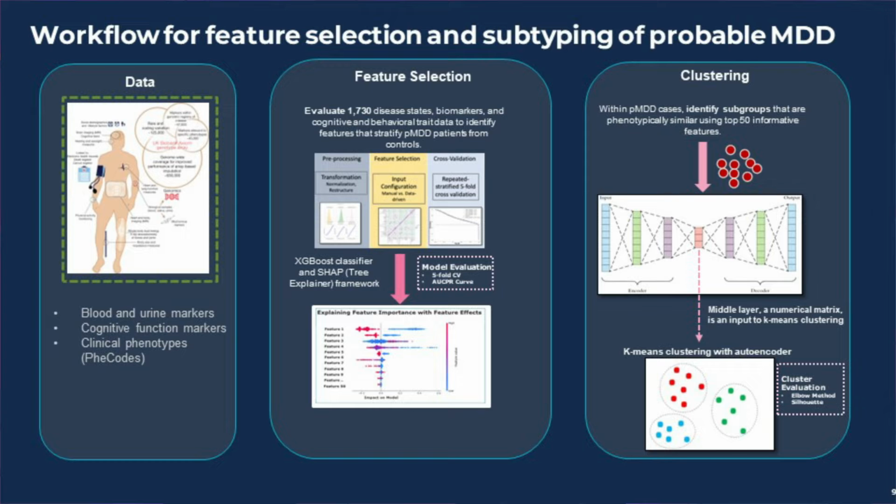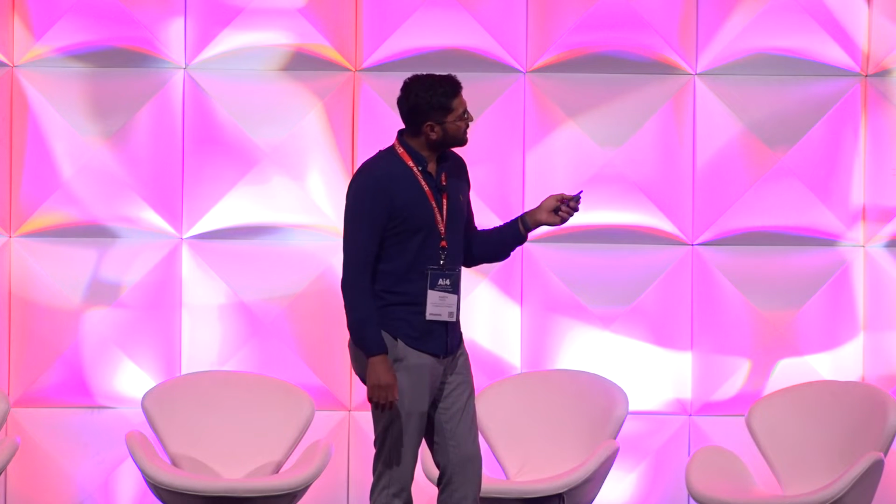These are the cognitive function measures that have been taken on individuals so that we know their cognitive ability. And then you have the clinical phenotypes. This is basically to capture the comorbidities amongst those patients and see if we can find any more insights. So this is the data or features that we'll be using.